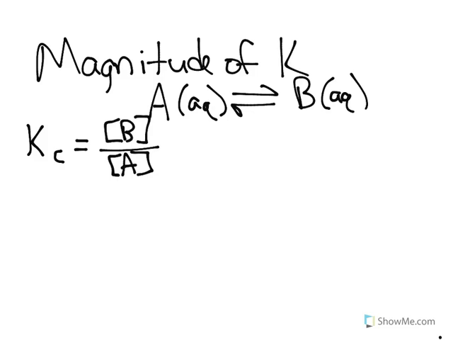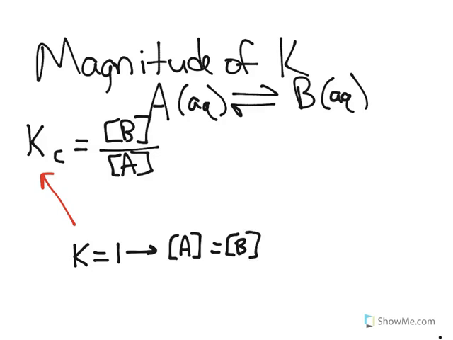But that does not mean that this amount of B and this amount of A are equal. But let's pretend for a moment that we found that K does equal 1. Well, because this K right here is this Kc, the only way this can be 1 is if this numerator and this denominator are the same value. That's the only way to get a fraction that's 1. In this perfect case, that would mean that the reactant side and the product side are equally favored. In other words, the concentration of A and the concentration of B at equilibrium are equal.